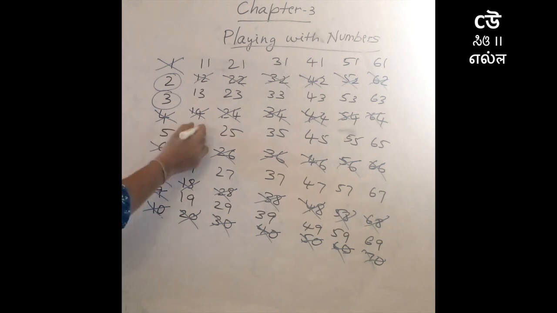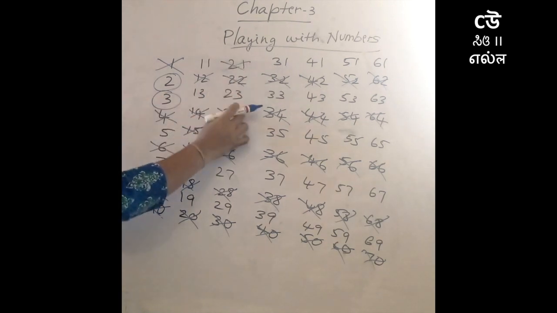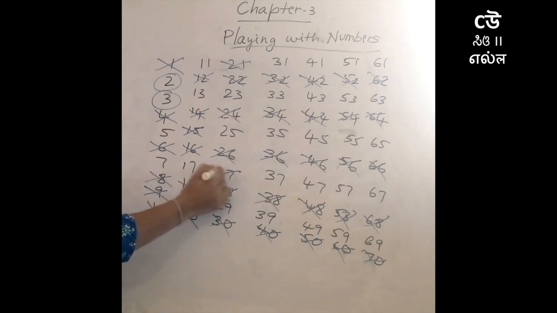Next, 3 fives are 15, 3 sixes are 18, 3 sevens are 21, 3 eights are 24, 3 nines are 27, 3 tens are 30.